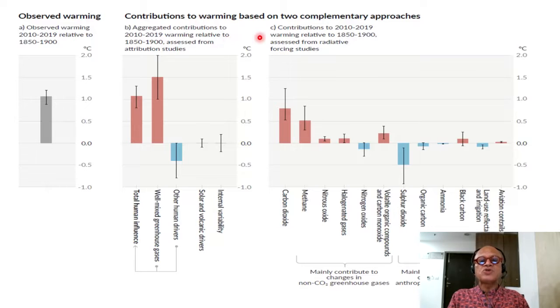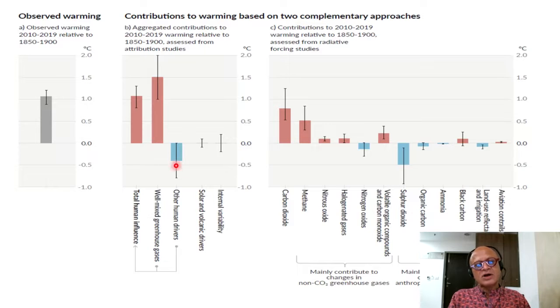So contribution to warming based on two complementary approaches: aggregated contributions to 2010 to 2019 warming relative to 1850 to 1900 assessed from attribution studies. So you are looking at the warming here from total human influence, well-mixed greenhouse gases alone.